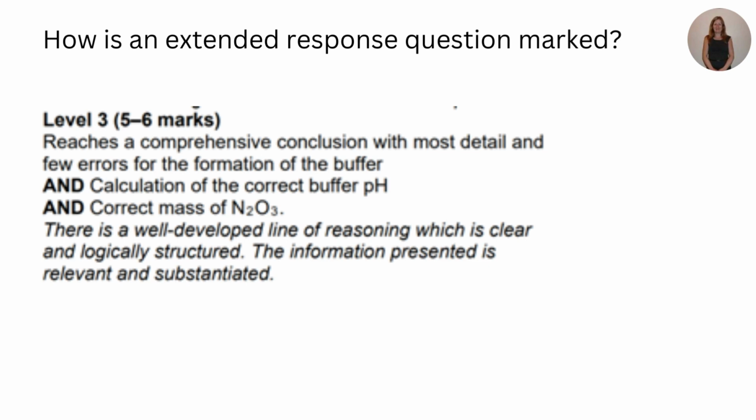That is, the formation of the buffer, the pH, and the correct mass of N2O3. You may actually have made some small errors. That's okay. But your answer needs to be very clear and logically structured. You need units. You need to show your working out.